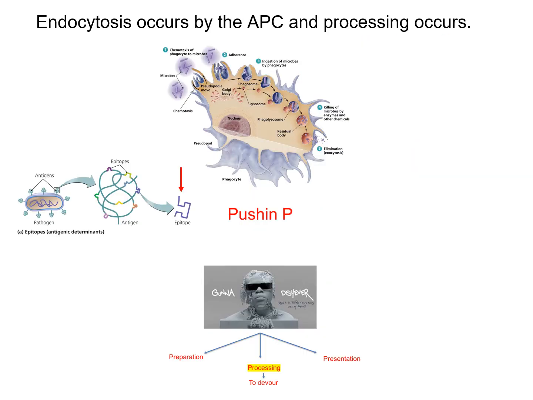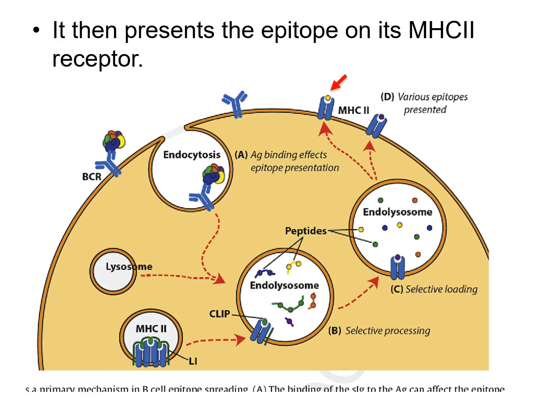Endocytosis occurs by the antigen presenting cell and processes it. If you forgot that, go back and review the presentation on pushing P. During pushing P, the first P was preparation, making the receptor.